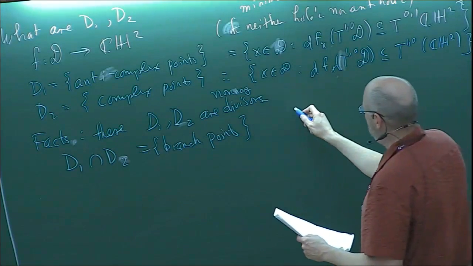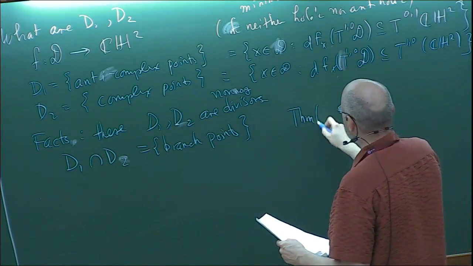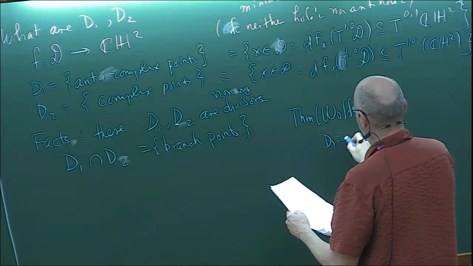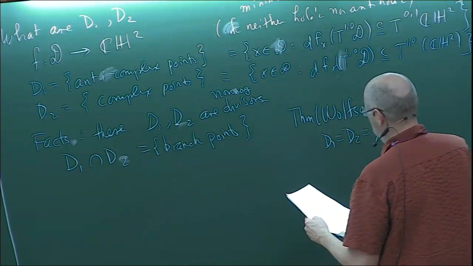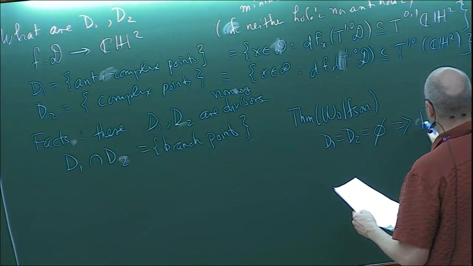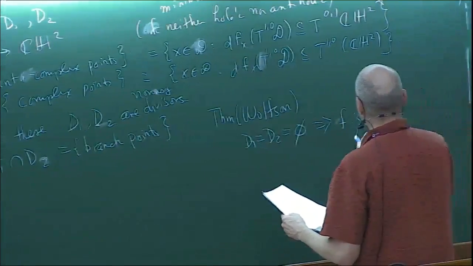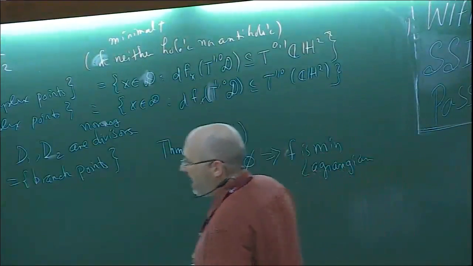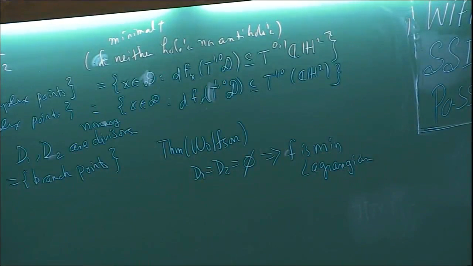And there's a theorem of Wolfson that if both of these divisors are empty, then this minimal surface is Lagrangian. The setting for this theorem of Wolfson is the theory of minimal surfaces into Kaehler-Einstein complex surfaces of negative Ricci curvature.